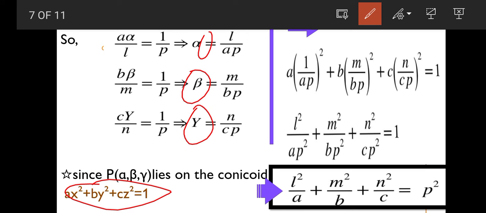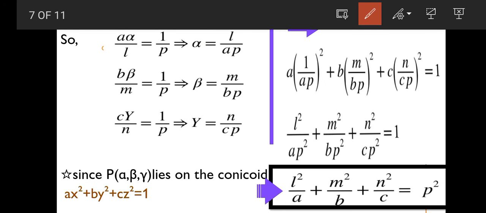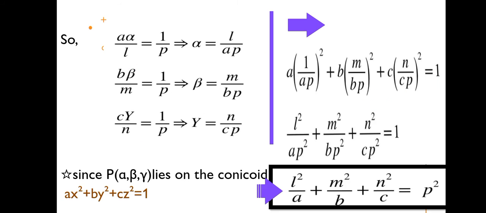After putting them, we get l square upon a p square plus m square upon b p square plus n square upon c p square is equal to 1. On further simplification, we get the final condition as l square upon a plus m square upon b plus n square upon c is equal to p square, and this is the required final condition for tangent.